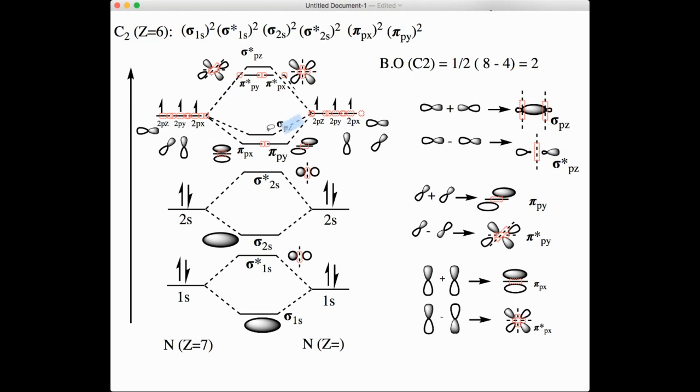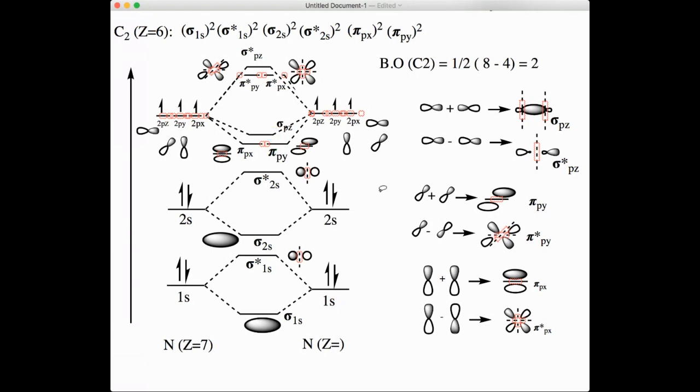Yes, because that's what comes out of the calculations for atoms with atomic numbers below 7. The order here is inverted when the atomic number is 8 or larger. That's also related to the electronegativity of these atoms and how close these pi atomic orbitals are to the nuclei.